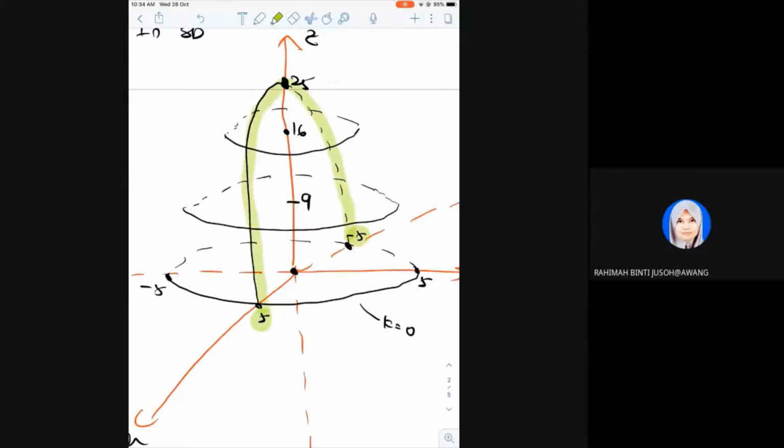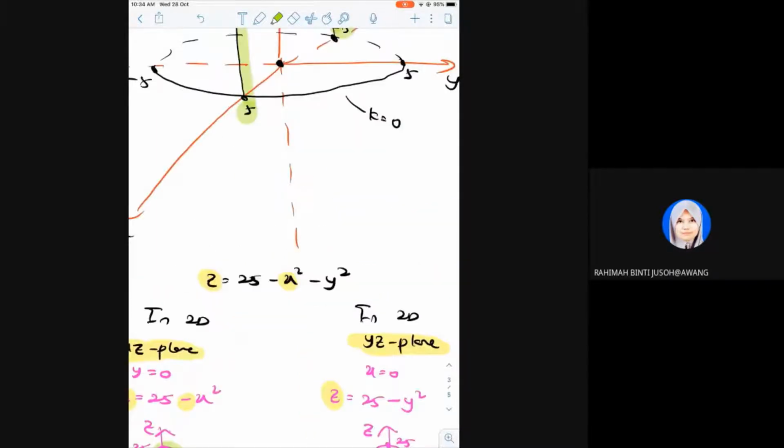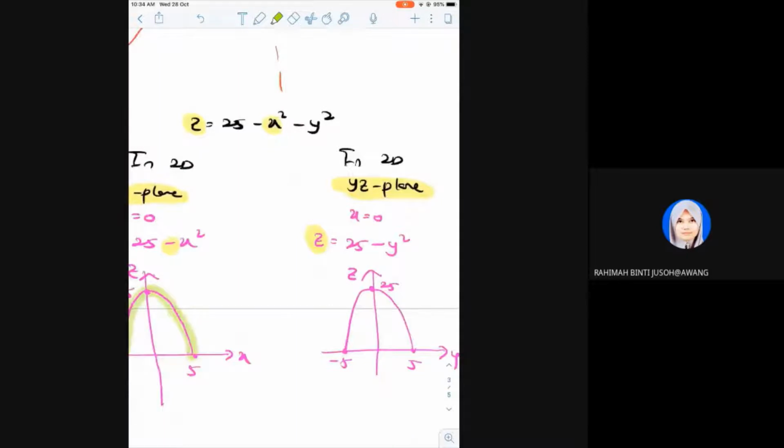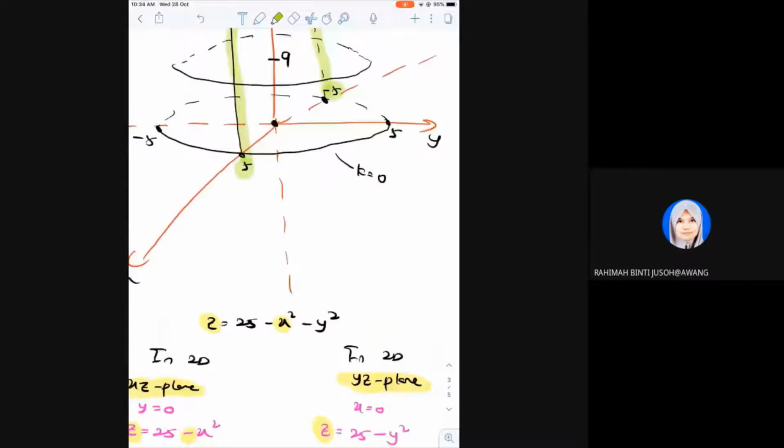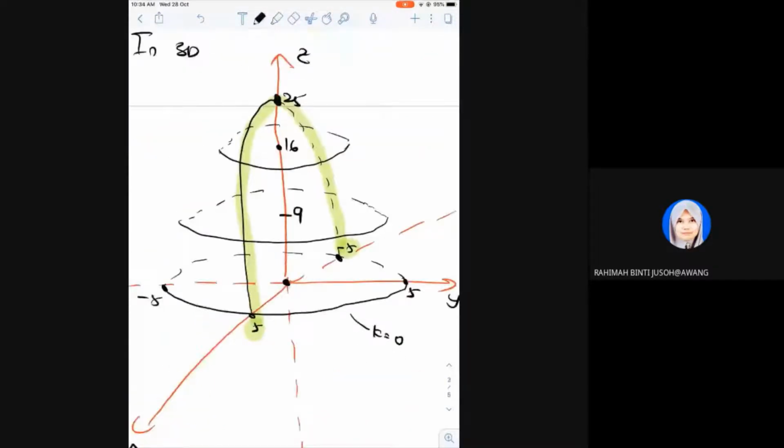Okay, and then now the second curve. You have this y from -5 to 5. So at the y-axis, let us transform here. What happened, guys? From 5 to -5 of the y-axis, it will be like this.